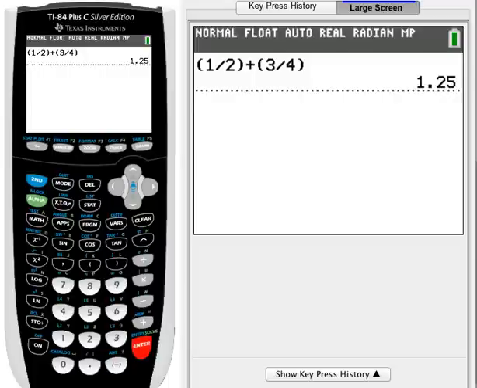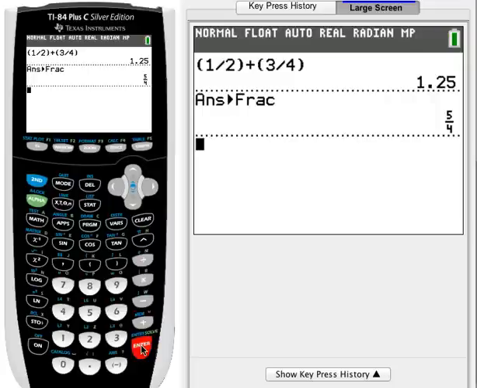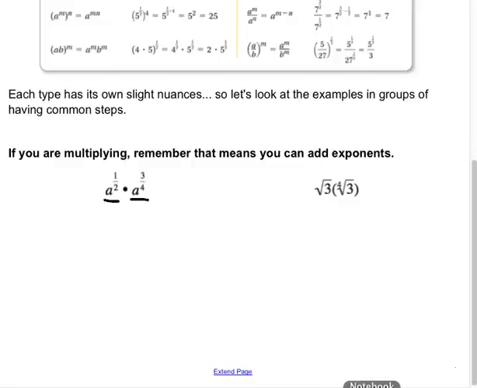And then remember, if you go to your math menu, arrow to fraction, it'll turn it into a fraction for you. So your answer to this problem is a to the 5/4. Feel free to use your calculator if you're having to add and subtract fractions, because I don't want you to get it wrong because of an error in that process when you actually knew what to be doing. Please feel free to use a calculator for that part.